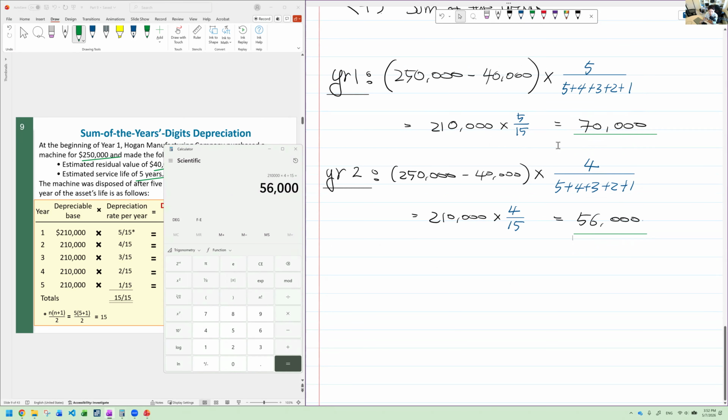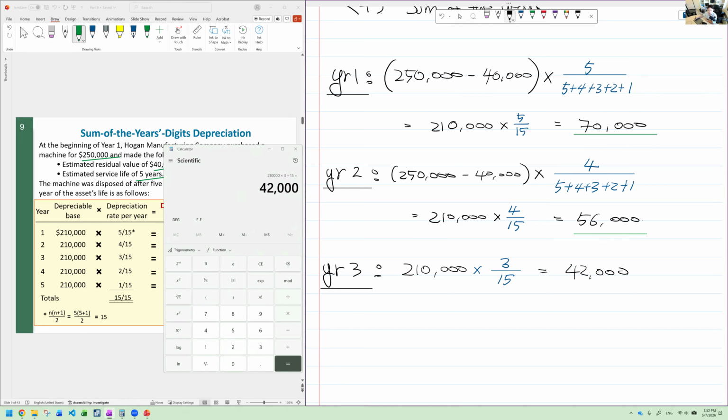Let me just do one more year. Year 3. So it is $210,000, and as you can probably imagine by now, the ratio is going to be 3 over 15 in the numerator. So 210,000 times 3 divided by 15. The amount of depreciation expense in year 3 is going to be $42,000.